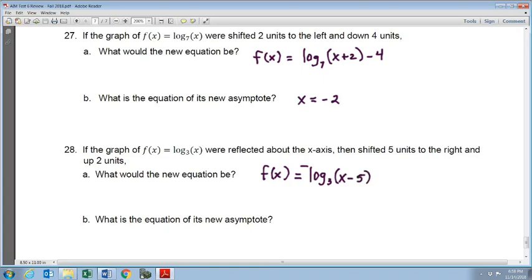And then up 2 units, so we'll add 2. And so that would be like that. Now again, it's only when we go right or left that we're going to change the asymptote. So moving 5 to the right, our asymptote's going to be at x equals 5. And that's the end of this video.